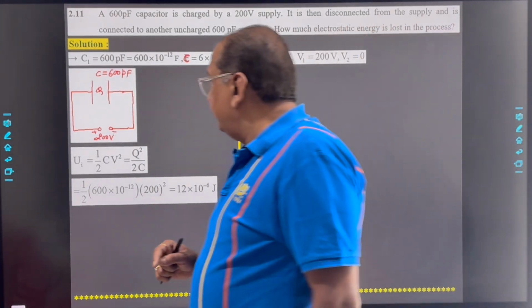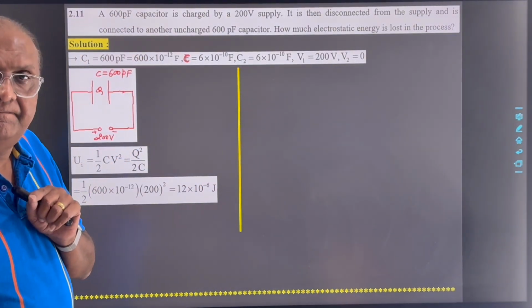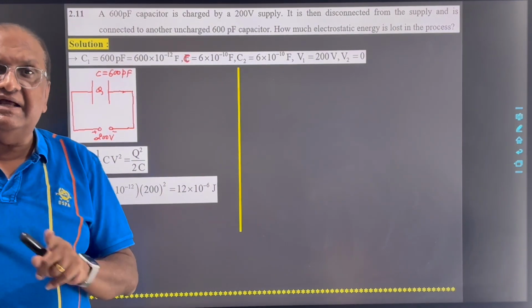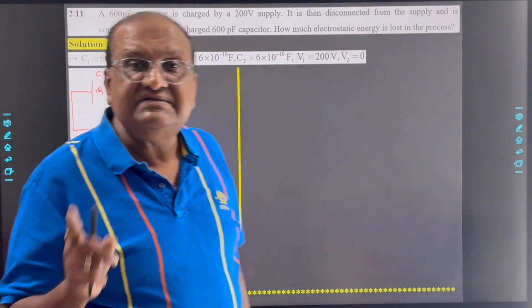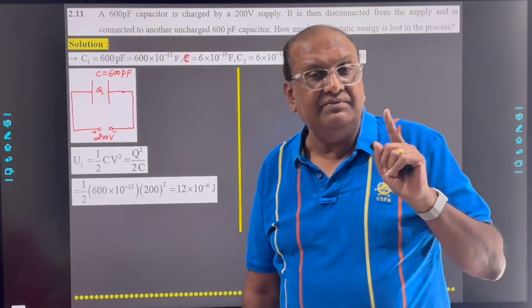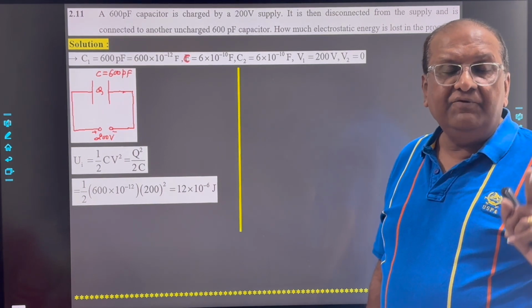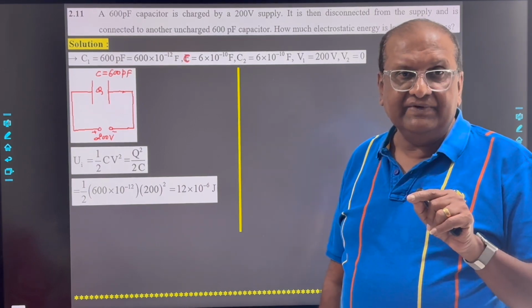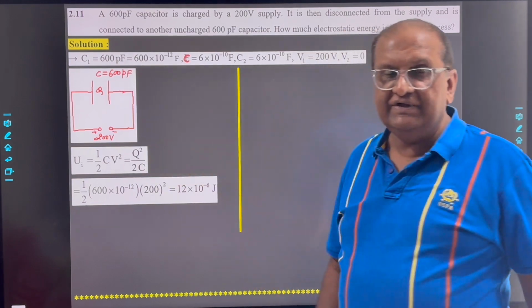Now see here, when the supply voltage is disconnected and then another uncharged capacitor is connected, the potential difference across each capacitor will be changed. So if you want to calculate that one, then it will be a lengthy process. So now we will use this equation, Q square by 2C.